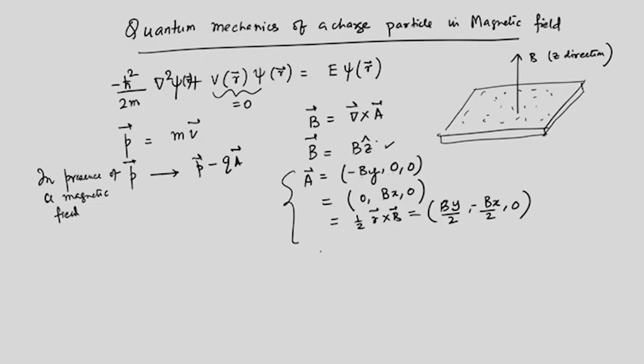You can also add or subtract, for example, a gradient of a scalar quantity, and this does not matter, because a curl of a gradient is always 0.